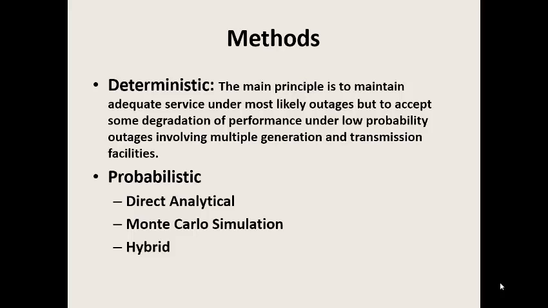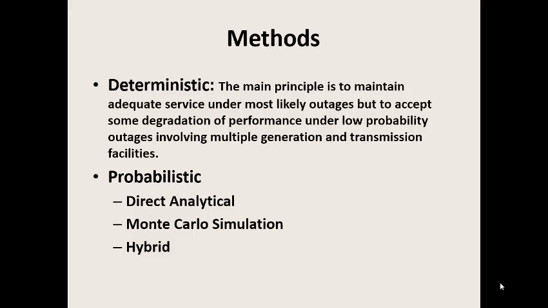In the deterministic methods, just like in the generation reliability, the main idea is to maintain adequate service under most likely changes, but when the changes go beyond that, then be prepared to accept some degradation of performance.